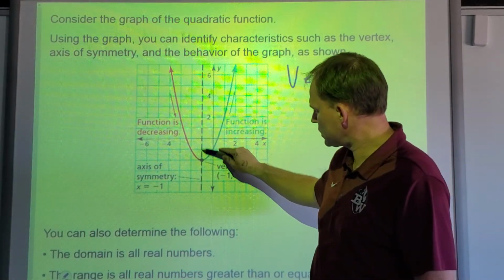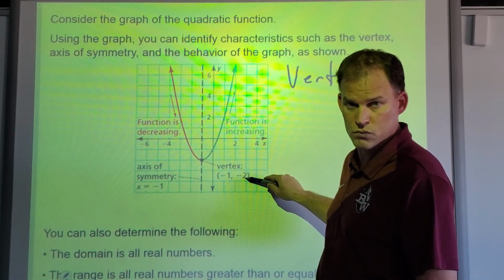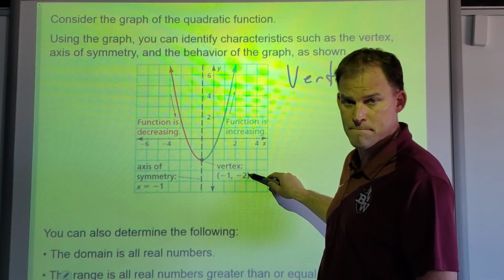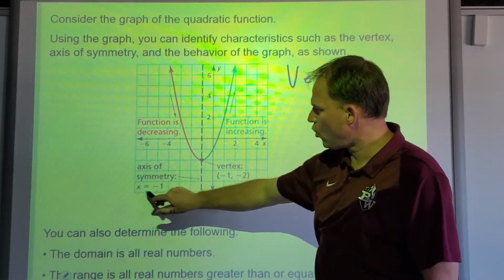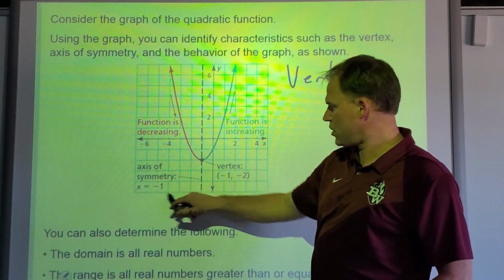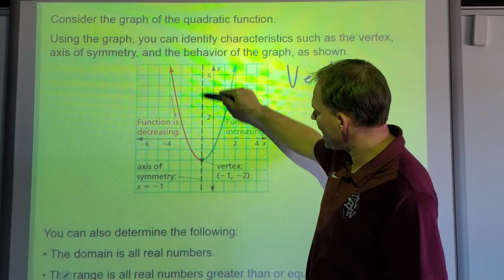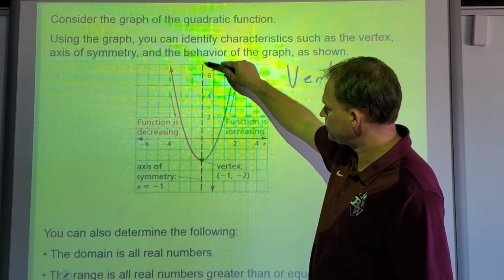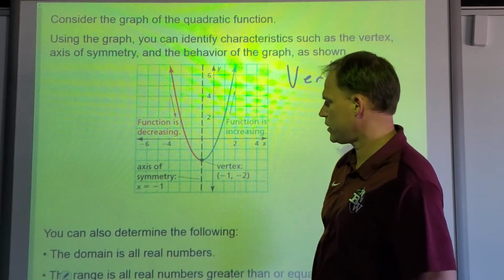So the vertex is right there at -1, -2. Any questions on that? Axis of symmetry, we said that's that line. It'll always be x equals a number. That number will always match the number in the vertex. So this line right here is my axis of symmetry. x equals -1, that vertical line right there.